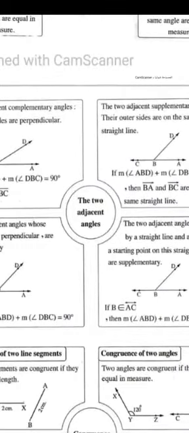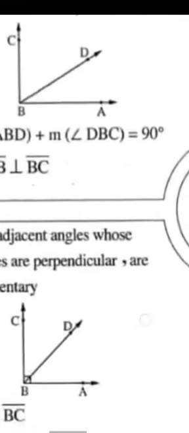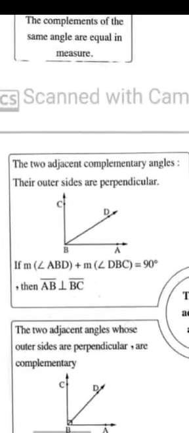Now we're talking about the two adjacent angles. The two adjacent complementary angles, their outer sides are perpendicular.